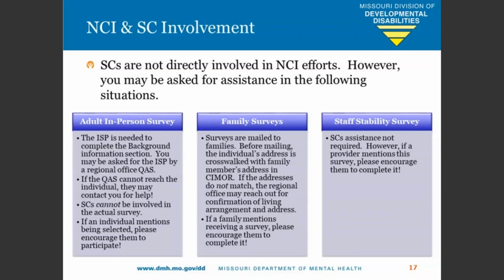Also, if you have an individual who has said that they have been selected for the survey, please encourage them to participate, because their feedback is really important to us.